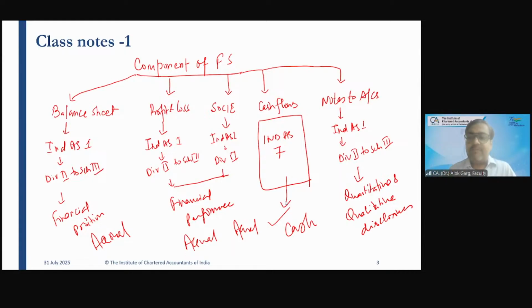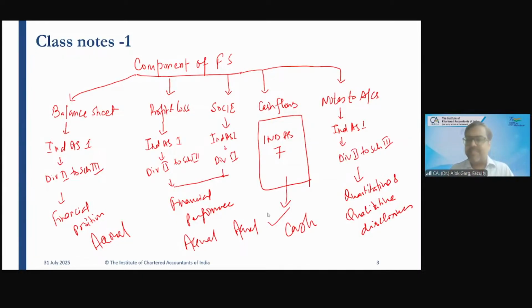So in one of the companies, if my memory is correct, IGSEC Limited, a listed company, they used the words cash flow statement, and NFRA highlighted that this title is not right because Schedule 3 and Ind AS 1 talk about the cash flow statement being prepared as per Ind AS 7, and in Ind AS 7 the title is statement of cash flows, right? So the right title for the component of the financial statement of this listed company is statement of cash flows, not cash flow statement.